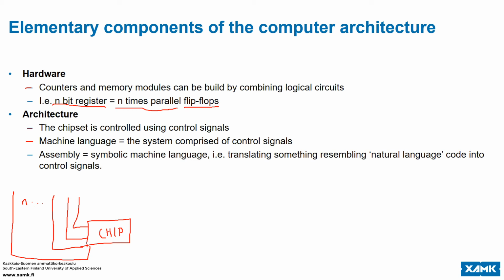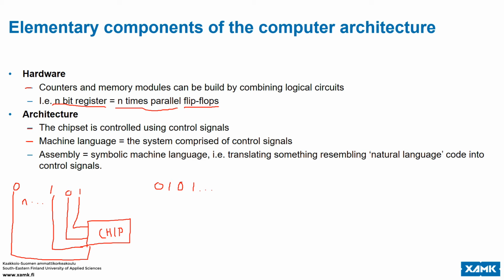These control signals could of course take values between 1 and 0. So let's say we had some current flowing in these control signal wires. We could start to send actual binary signals to this computer chip, meaning we would have some sequence of binary numbers.